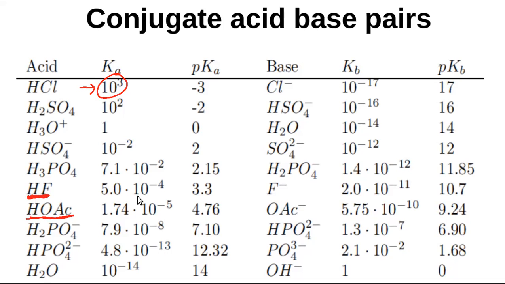then they have kind of small Ka values. And instead of saying that the Ka value is 5 times 10 to the minus 4, quite a long sentence, you can say the pKa is 3.3. This is simpler in a way.